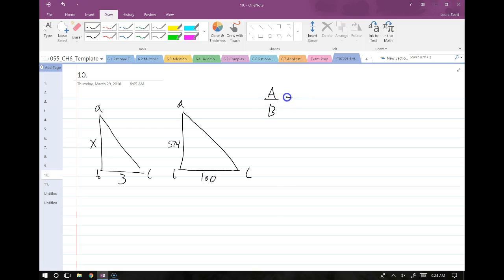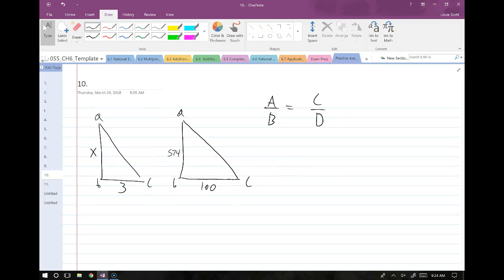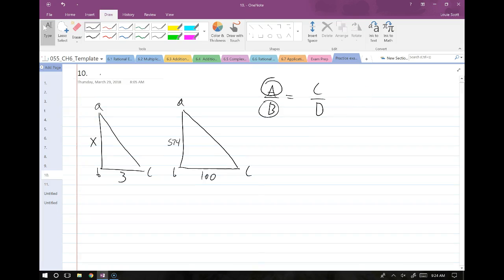So A over B is equal to C over D. All right, and the A and the B should come from different triangles, right? So if this A comes from the first triangle, the B should come from the second triangle, and they should be on the same side, sort of.